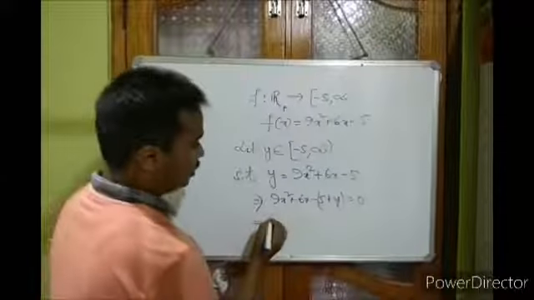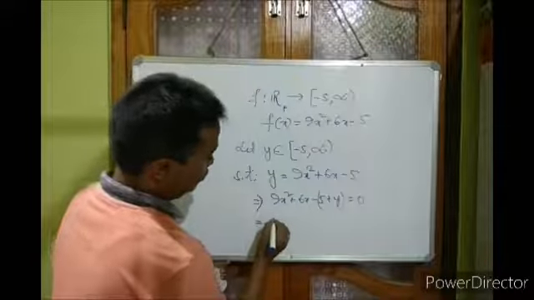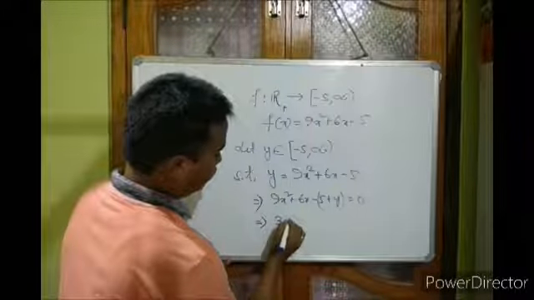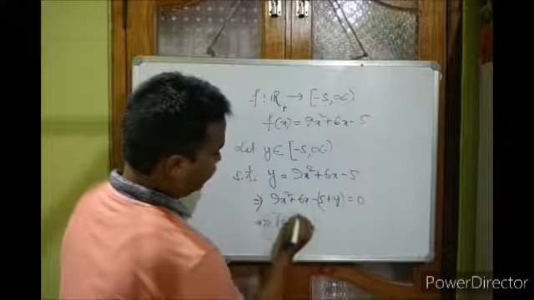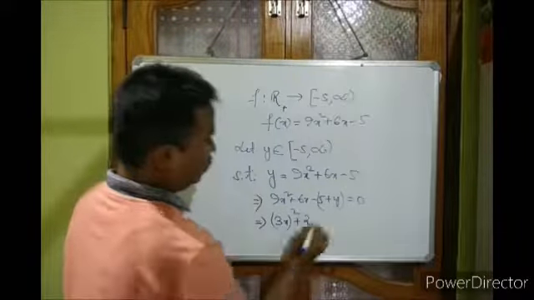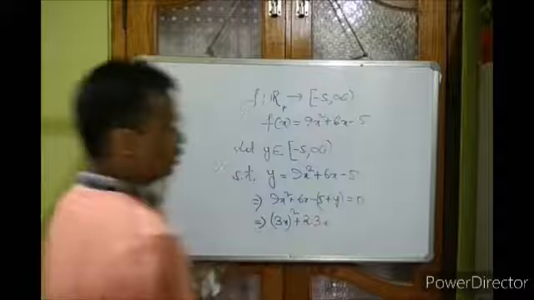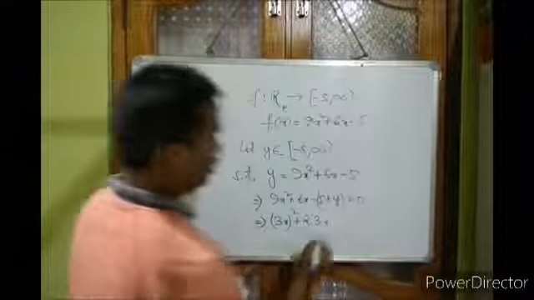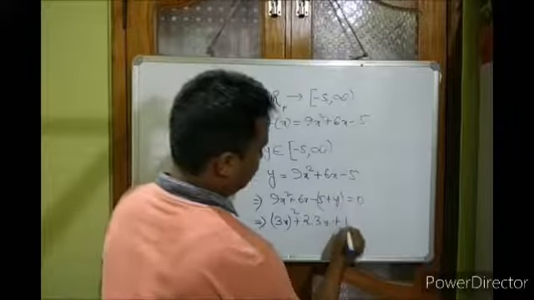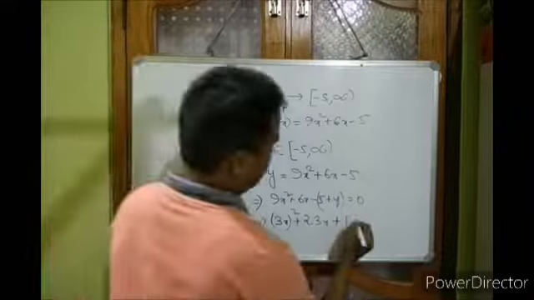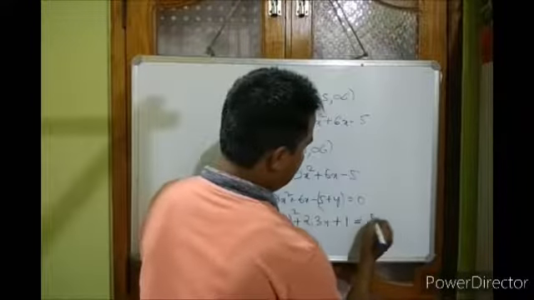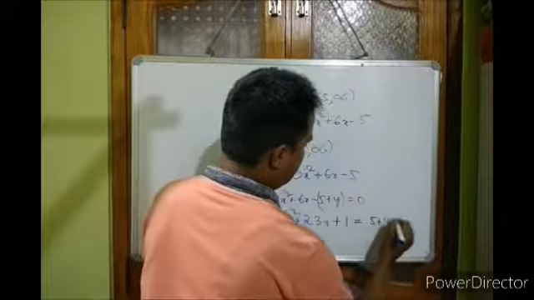This can be solved as thrice x whole square plus 2 into 3x, making this a perfect square, plus 1 is equal to 5 plus y plus 1.